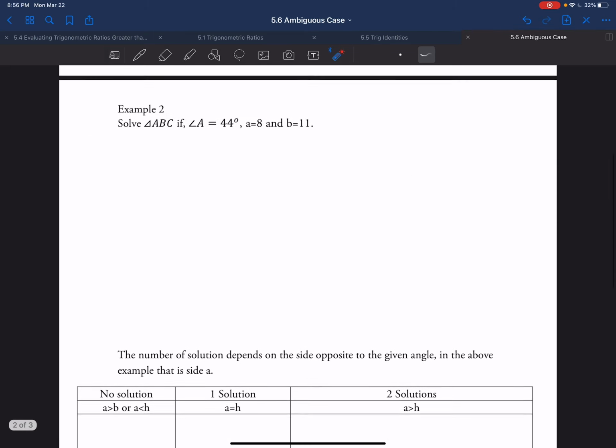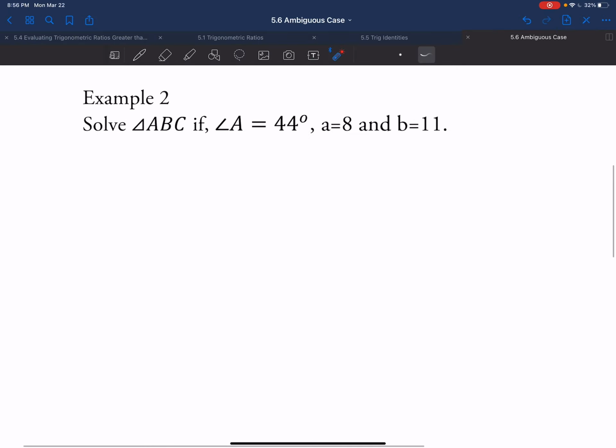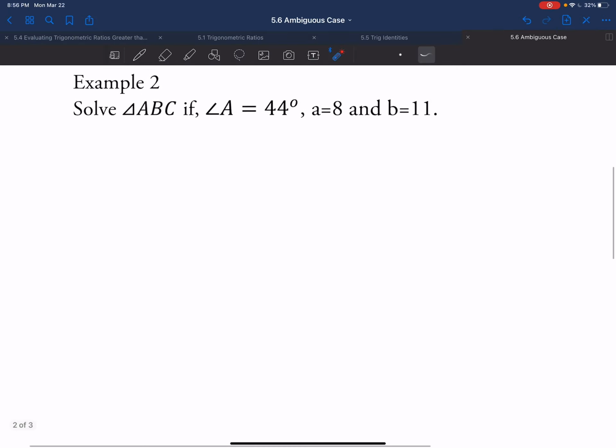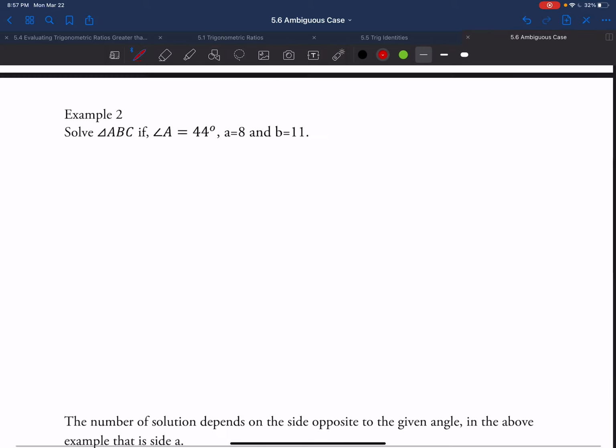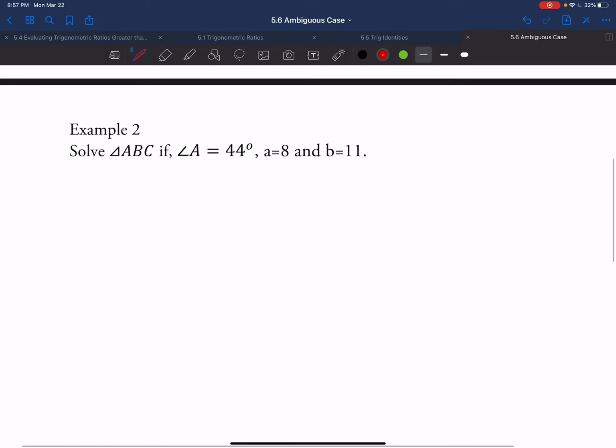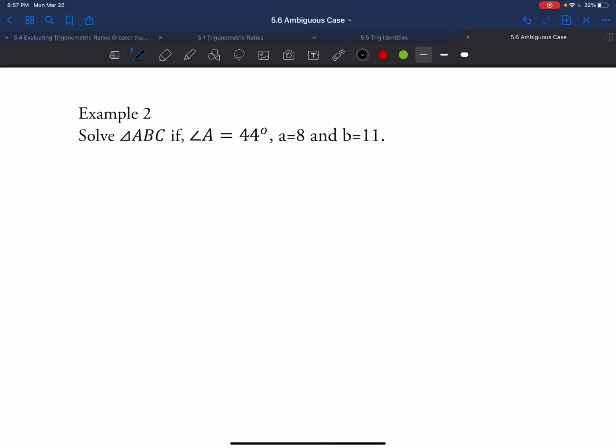Again, feel free to pause, fast forward, watch, and double check if you want. So I'm given this information, and I want to see now if it is the ambiguous case or not. So I just always start the same way. Draw a triangle like this, and I don't know if it's possible yet to draw this with the given information, but we're going to figure that out.